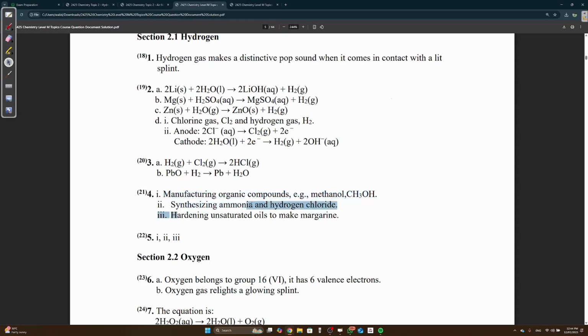Synthesizing ammonia and hydrogen chloride. Of course, ammonia is NH3, which you guys know is used a lot, like fertilizers. And hydrogen chloride, which is HCl, is also used a lot, and you can't have them without hydrogen. Hardening unsaturated oils to make margarine. Just memorize them in case you see them in a multiple choice.